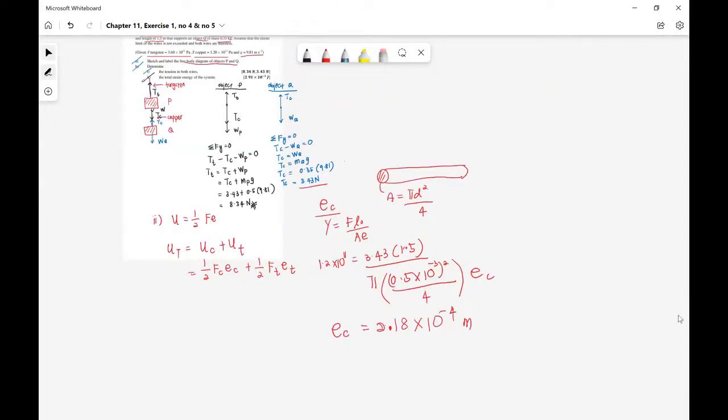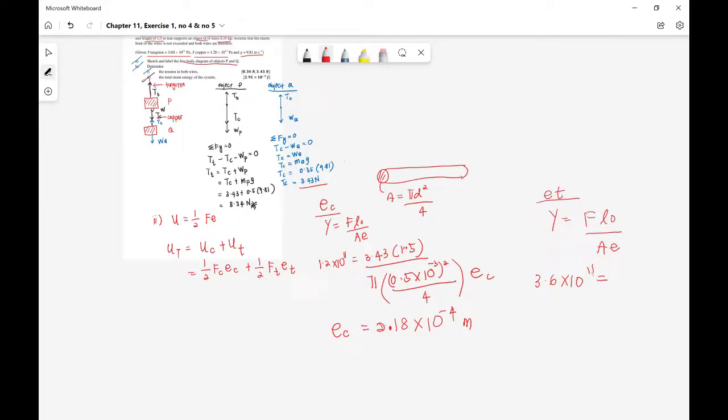Okay, seterusnya kita perlu cari elongation untuk tungsten. Okay. So, elongation untuk tungsten juga daripada yang modulus equals F L0 over AE. Okay, and then substitute yang modulus untuk tungsten. Okay, yang modulus untuk tungsten adalah 3.6 times 10 to the power of 11. Okay, and then substitute force untuk tungsten.